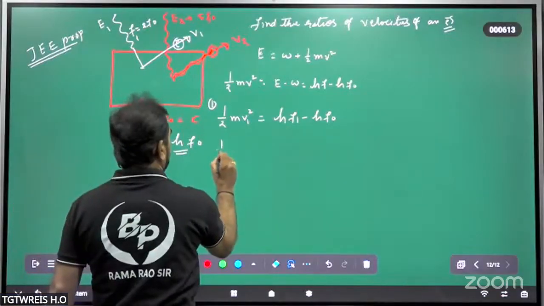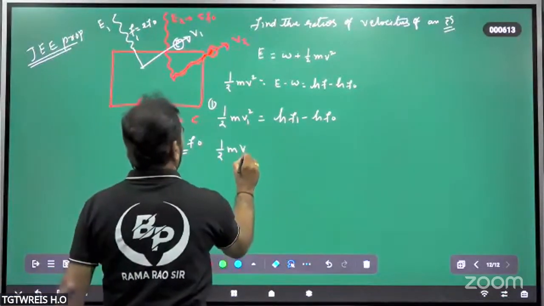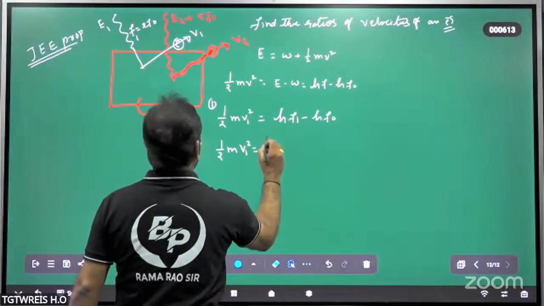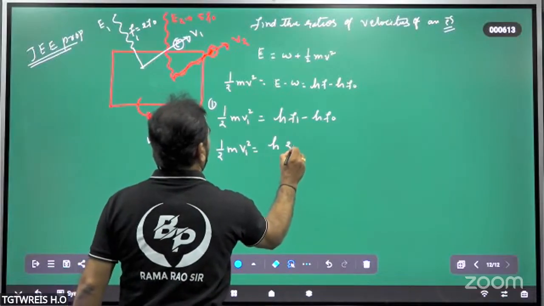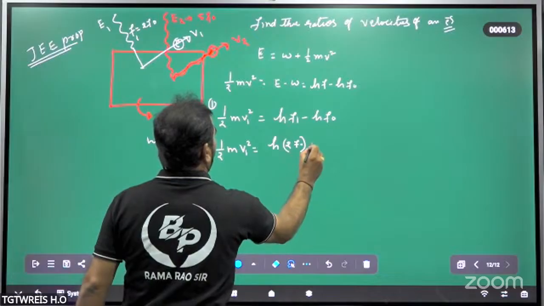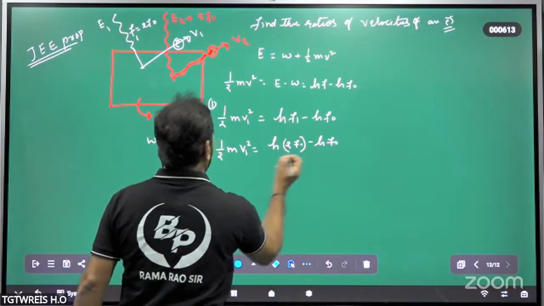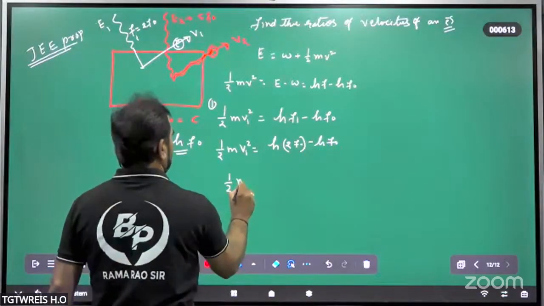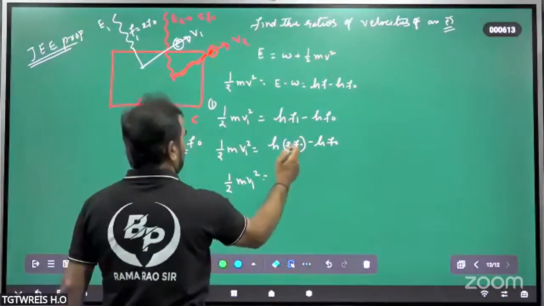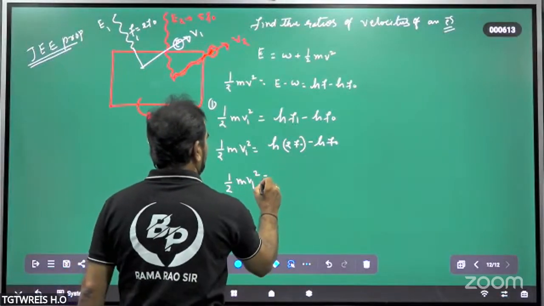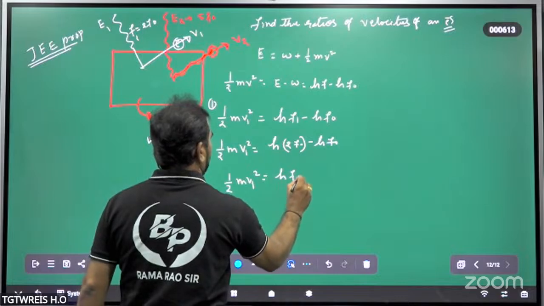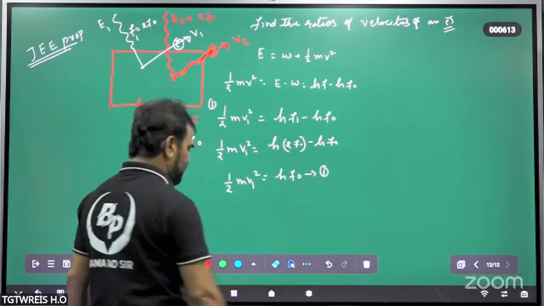That is, half m v1 square is equal to h into 2f naught minus hf naught, which is equal to hf naught. Let's take this as equation number 1.